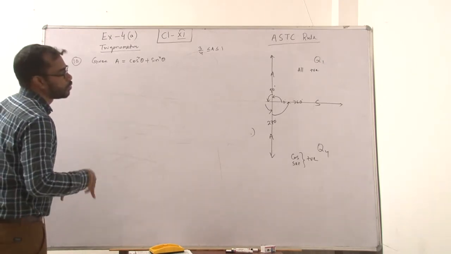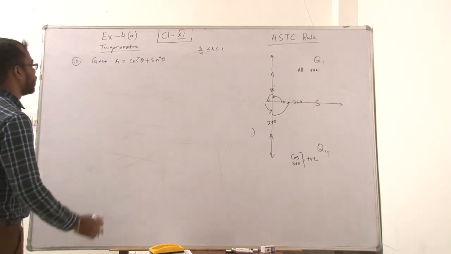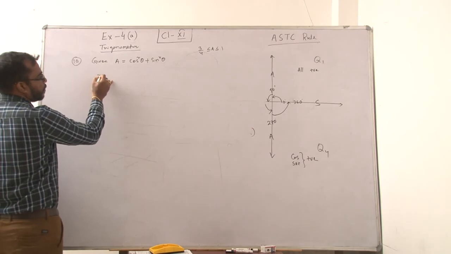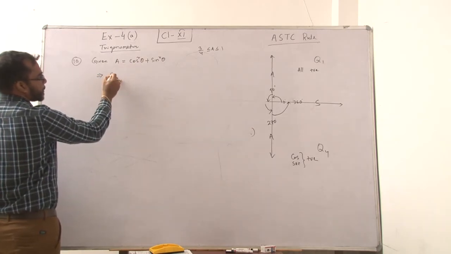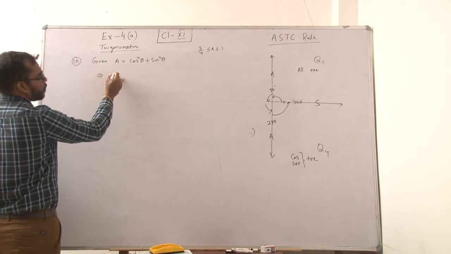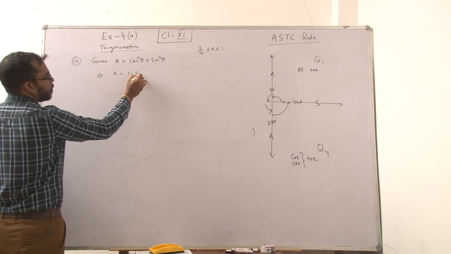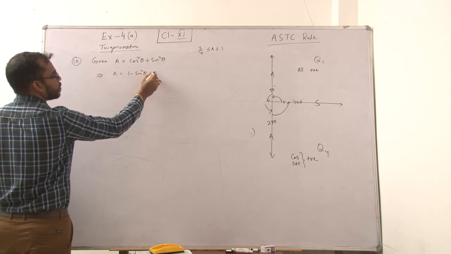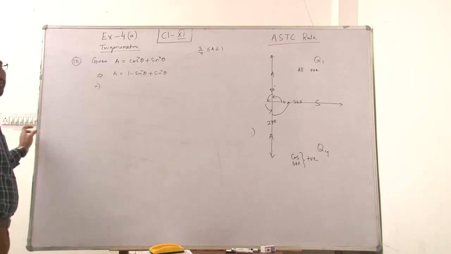So how to solve it, so that A lies between 3 by 4 and 1? Here we can write A = cos square θ, which you can write as 1 − sin square θ, plus sin 4 θ.